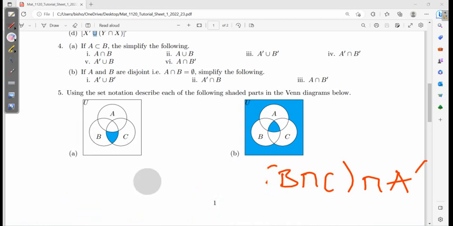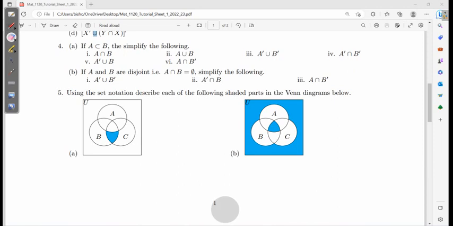Now, if you look at B, very interesting, right? Such questions, you don't have to think too much. If you look at the region that is shaded in between, it involves all three sets. So it's basically A intersection B intersection C. Now, what is shaded outside?